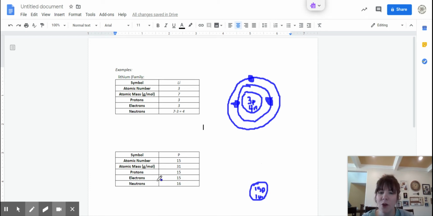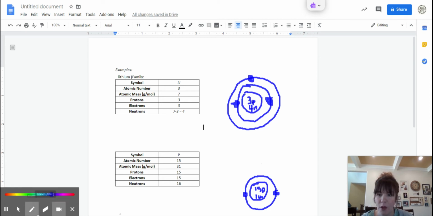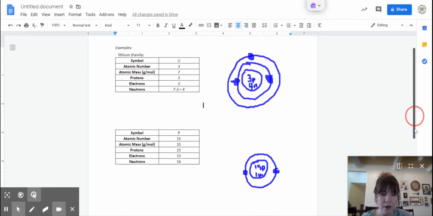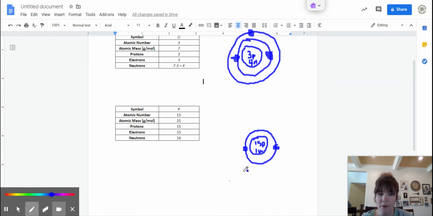All right, I'm going to look and see how many electrons I have. I know I have 15 protons, so I should have 15 electrons. So I'm going to start by drawing my first level. Again, I'm only allowed 2 in my first level. Now I'm going to add my next level.